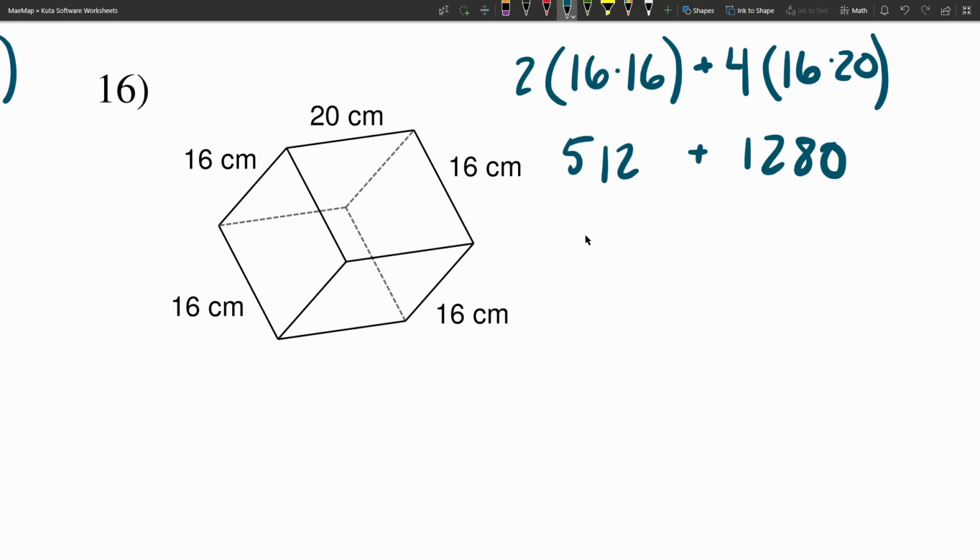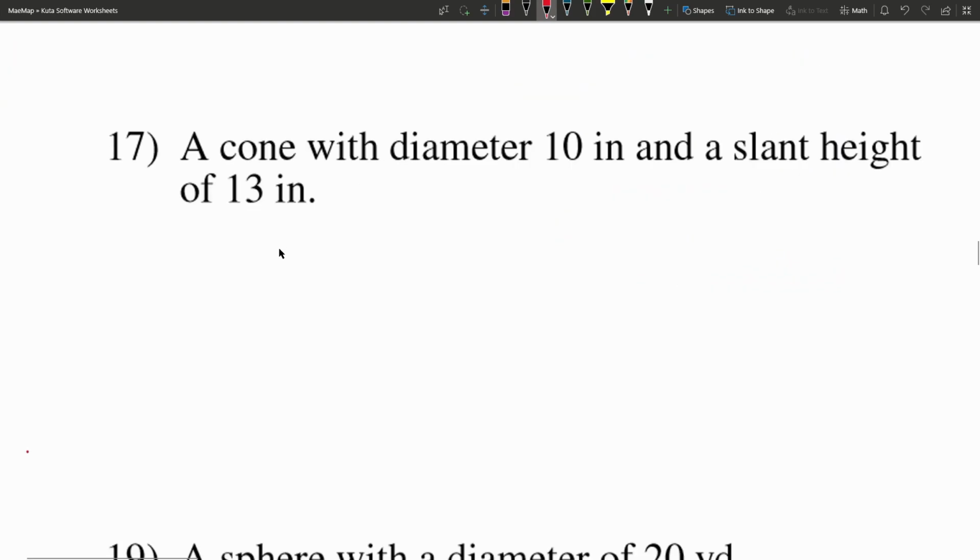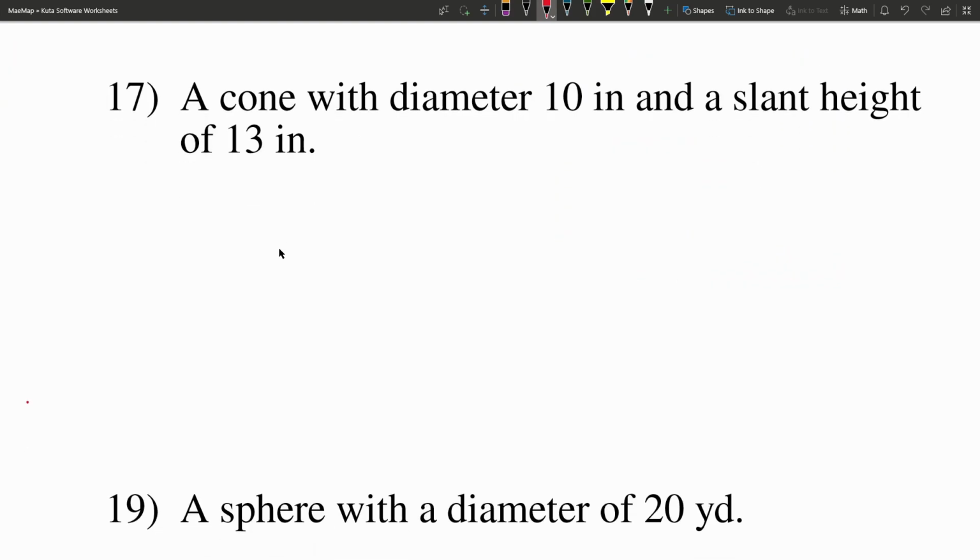Summing these together, that's 1,792. But we're not done yet, because what's our units? If each side length is centimeters, that's going to be centimeters squared for our surface area. So 1,792 centimeters squared.